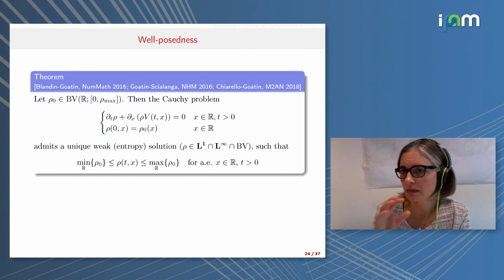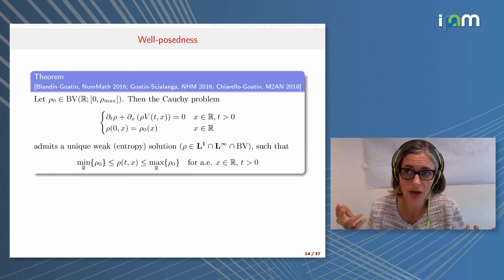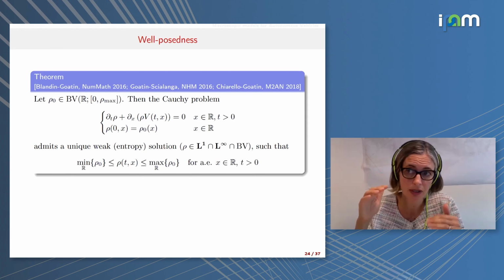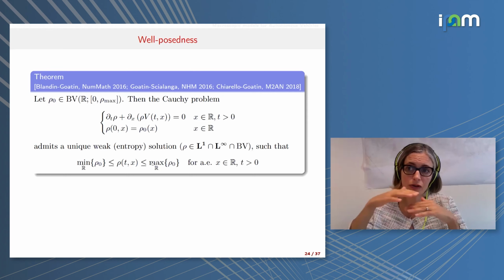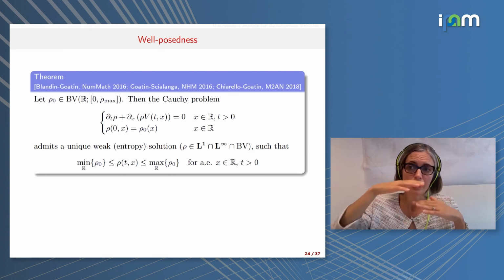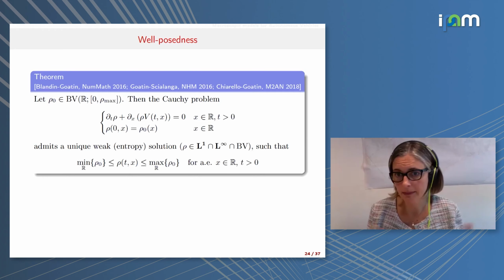Just to tell you, this model works well, at least mathematically. That means that we have all the nice features that we can expect from a model. The density stays bounded between 0 and some maximal density. Even more, we have a strong maximum principle, so the density evolves between the minimal and maximal values it has at the initial time.